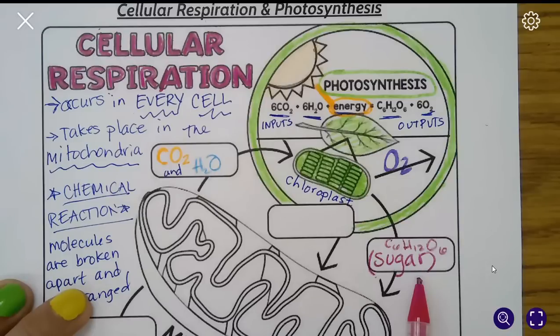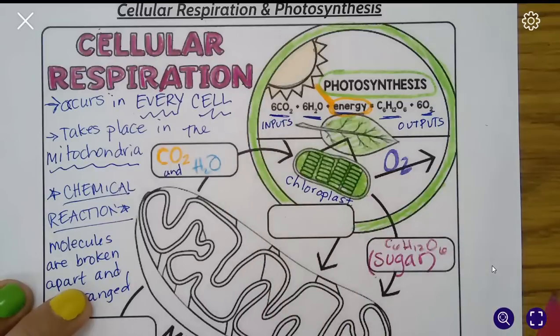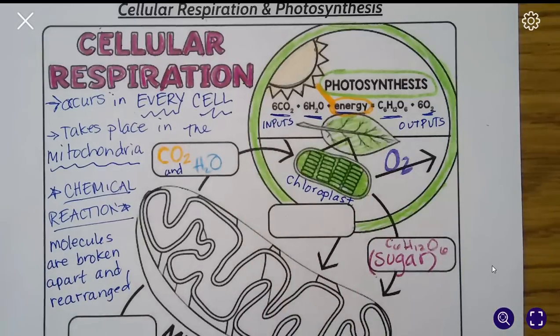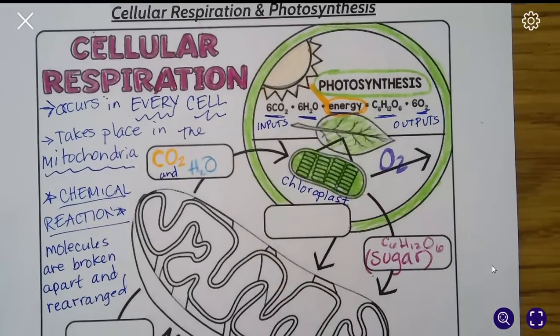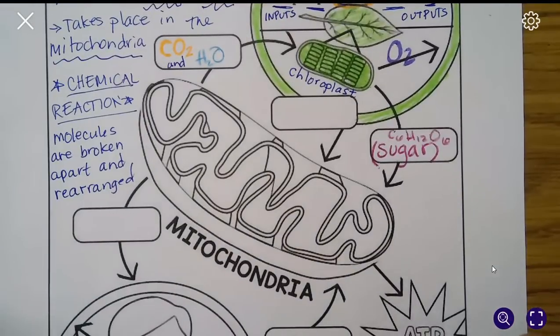All right. Now, let's think about how this is used to actually release energy inside the cell. So this is where we're going to have to focus on the mitochondria.